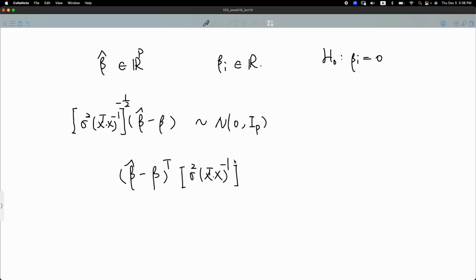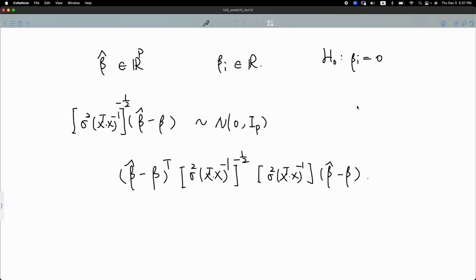So here just one copy of this, and then let me add another copy. Let me first write down this part. So this one here follows a standard normal distribution, just a multivariate version. And now I'm just taking the square. And this is how people usually write the matrix vector notation.